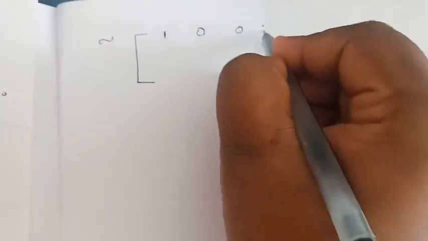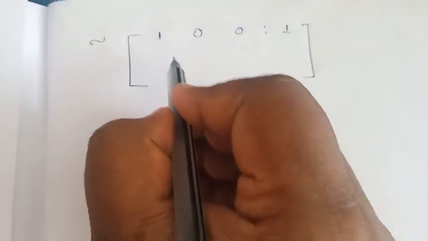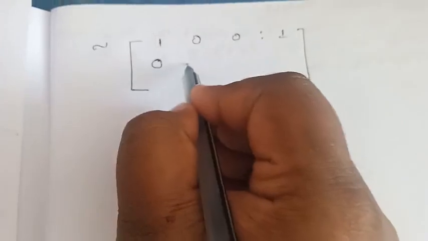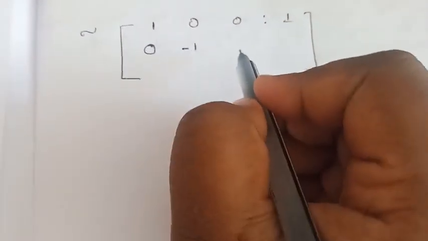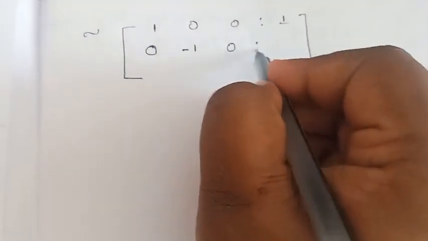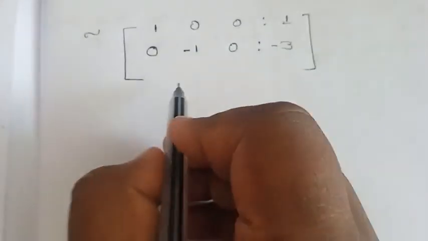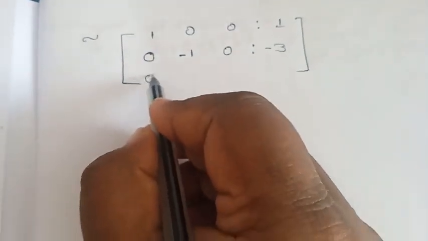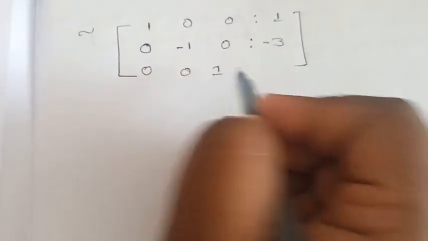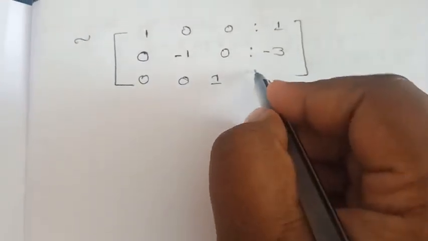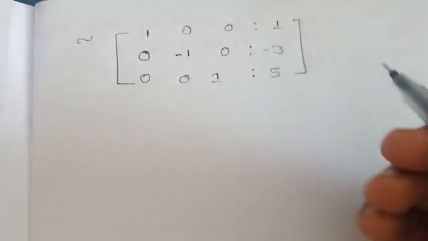So after applying those row operations, we will get the matrix as 1, 0, 0, then 1, 0, minus 1, then 0, minus 3, okay, then 0, 0, 1, 5.